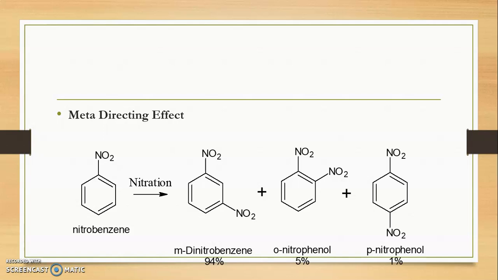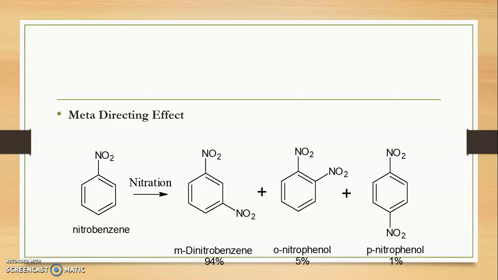It shows an electron donating resonance effect, due to which the lone pair of electrons on the hydroxyl group is donated to the benzene ring, and negative charge is placed at the ortho and para positions. That's why the incoming electrophile, which is positively charged, is readily attracted towards the ortho and para positions, because the meta positions are comparatively more positively charged.